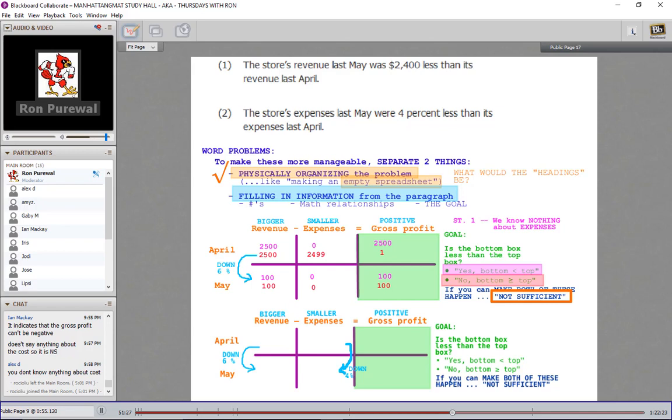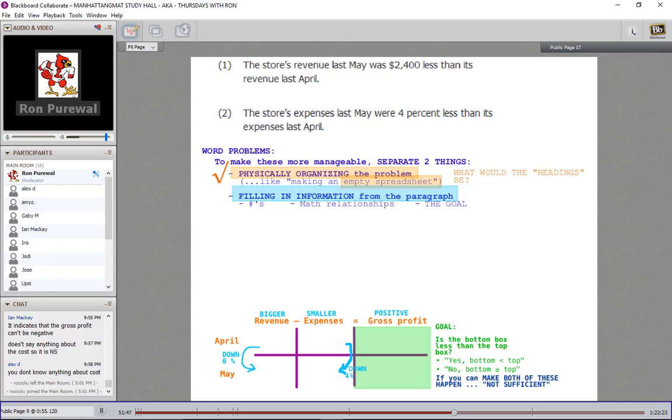If not, let's throw some expressions at this. Statement 2. What kind of expressions can you write for going down 6% and going down 4%?